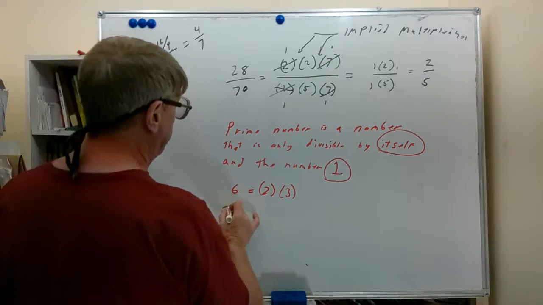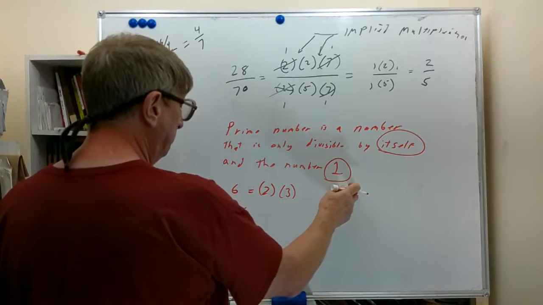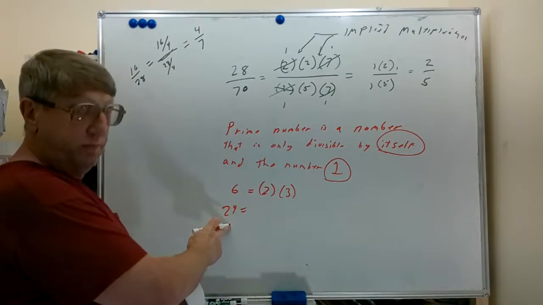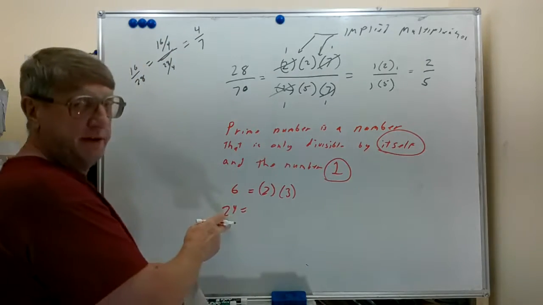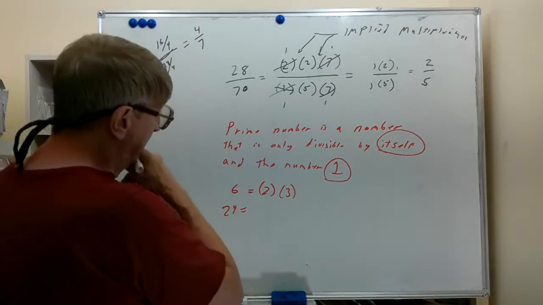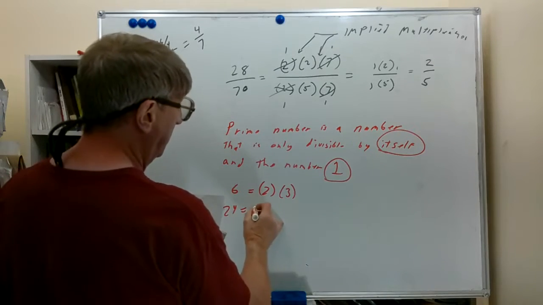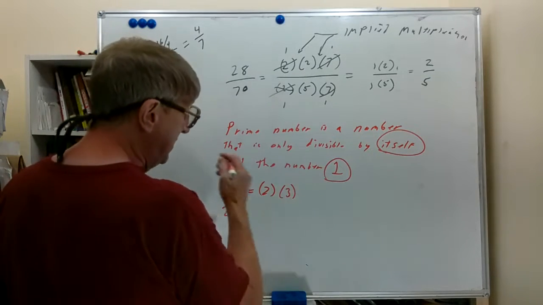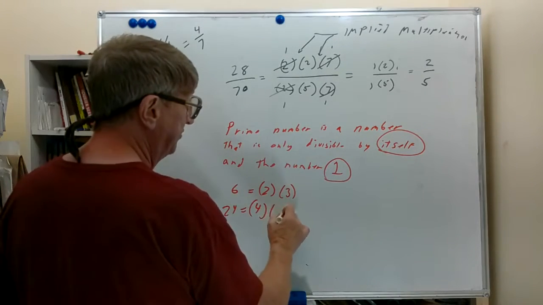Let's take the number 24. Like all numbers, it's divisible by 1. 24 divided by 1 would be 24. It's divisible by itself. 24 divided by 24 would be 1. And all numbers are going to be able to do that. But there are many ways to write 24. One way is 4 times 6.